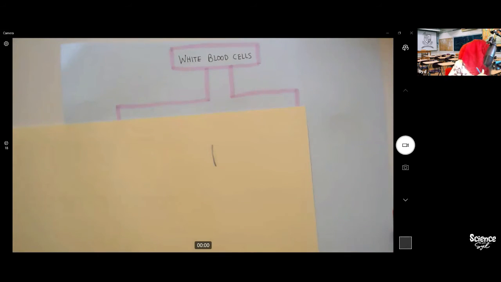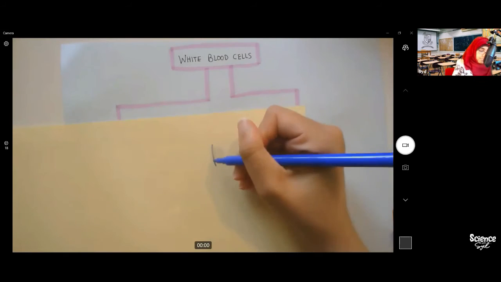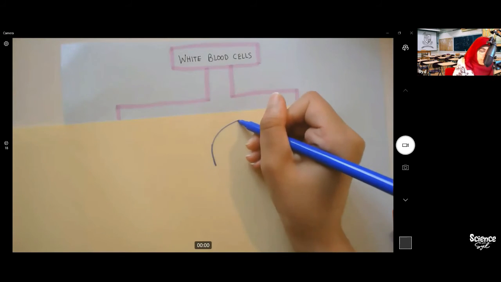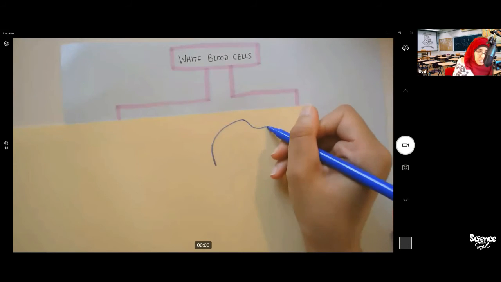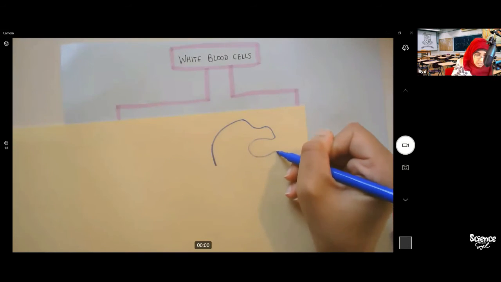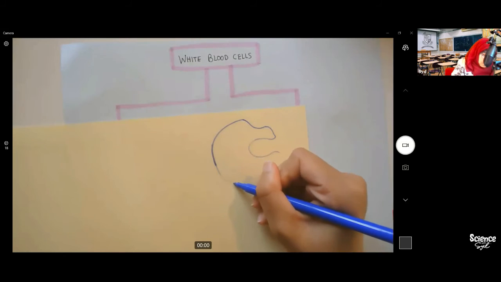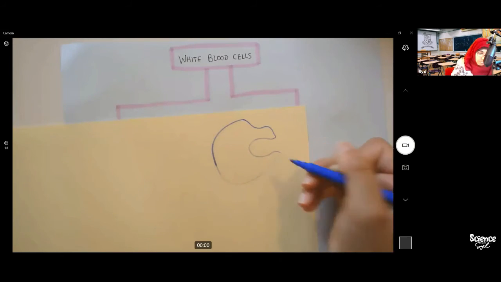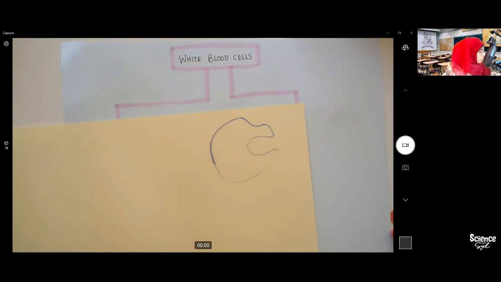Oops, a lot of my felt tips have run out of color. Let's see if I can do this one. With phagocytes, they basically open up and eat the foreign microorganisms. I've run out of color with that, so I'm going to use this one over here.